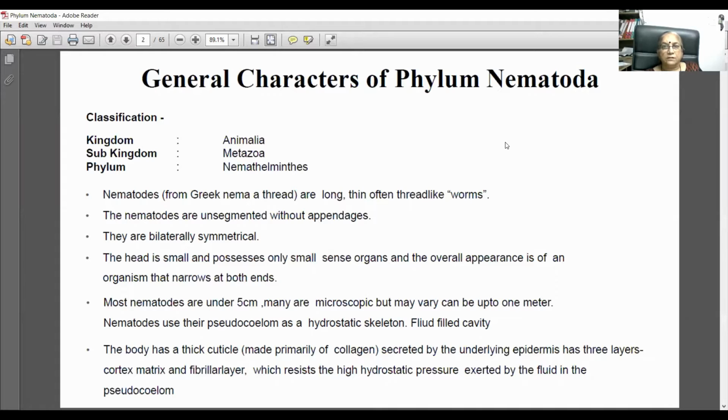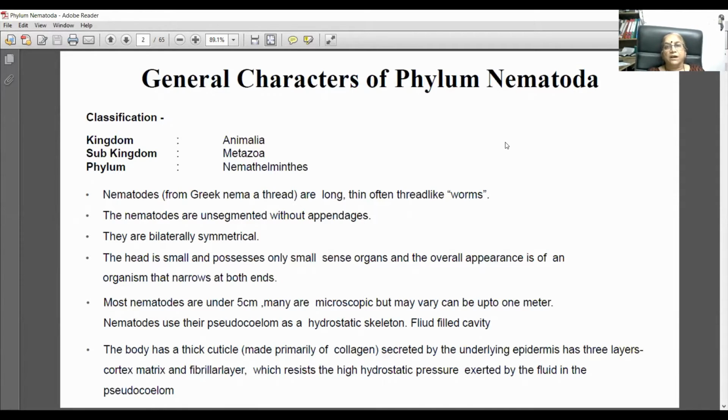Now, these nematodes belong to the kingdom Animalia, subkingdom Metazoa, phylum Nemathelminths, and the name nematodes has been derived from the Greek word nema, which means thread.